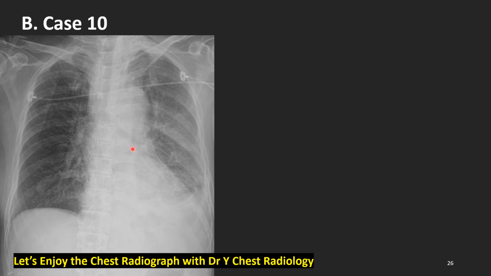Case number 10. This old man had a traffic accident. We can see many rib fractures on the left side with dirty pleural fluid, probably hematoma. And his systolic blood pressure is going down and down.